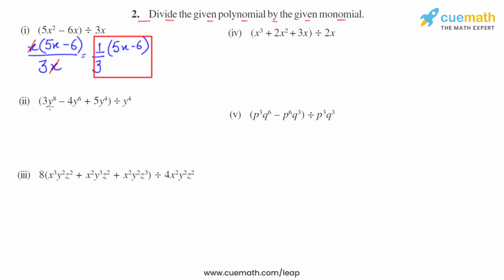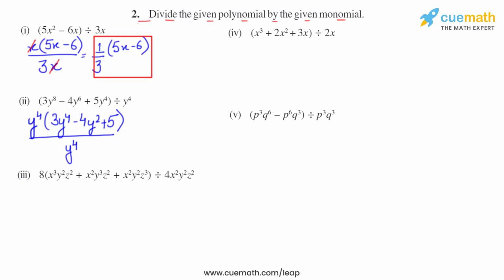In the second part, you can see there 3y raised to the power 8 minus 4y raised to the power 6 plus 5y raised to the power 4. So y raised to the power 4 is the highest common factor, so we can factor it out. So we'll be left with 3y raised to the power 4 minus 4y raised to the power 2 plus 5y raised to the power 0, or we can say, because anything raised to the power 0 is 1 only, so 5, divided by y raised to the power 4.